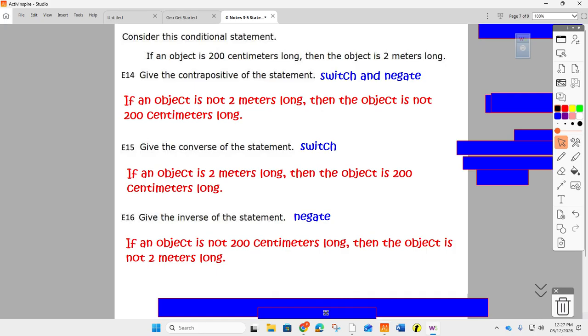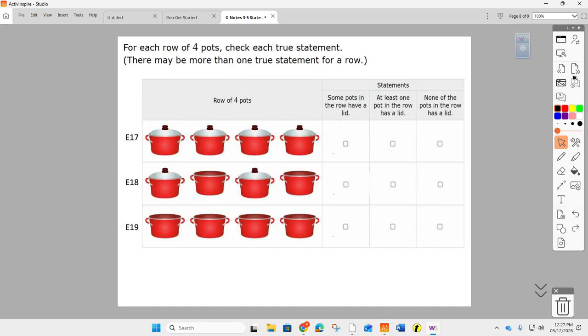So this last example seems ridiculously easy. But not all of them on your assignment are that easy because it's going to use the word some. I promise you it's not as ridiculously easy as you think it is based on this example.